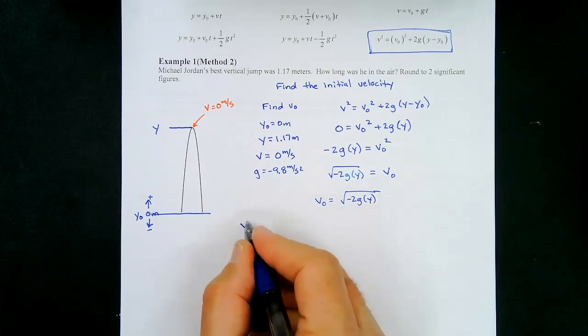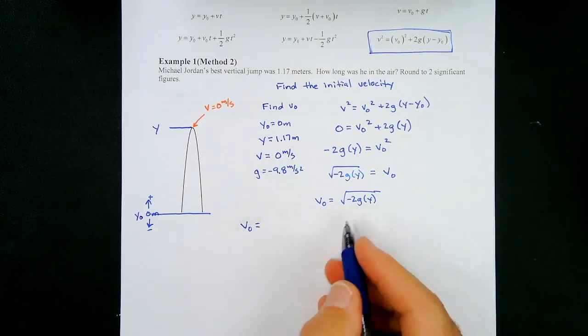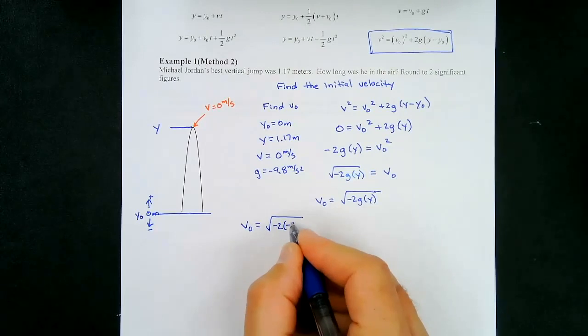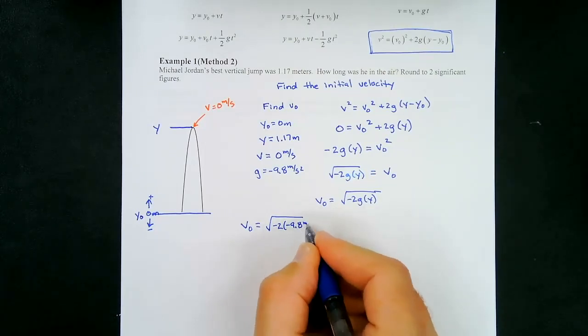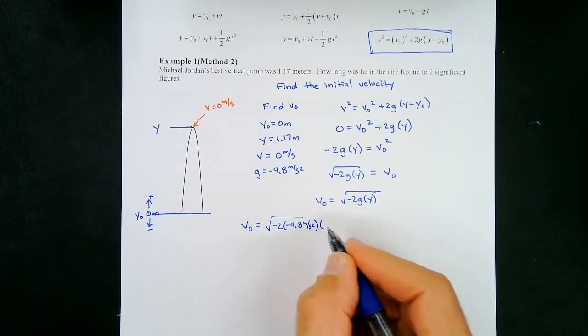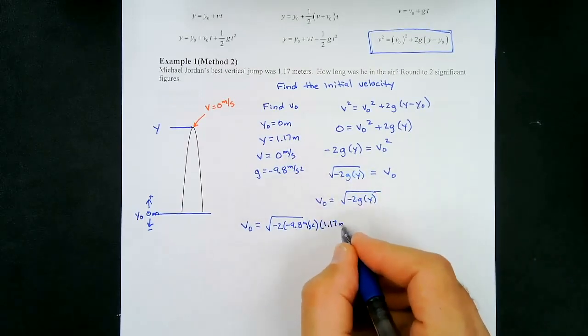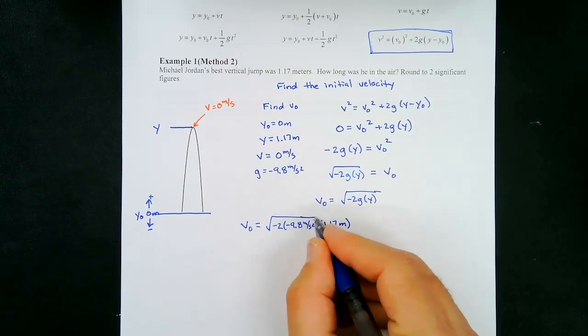So calculating that, I now know that's the square root of negative 2 times negative 9.8 meters per second squared times y, which is the 1.17 meters. And extend my square root.